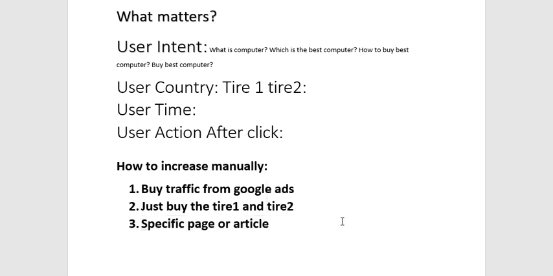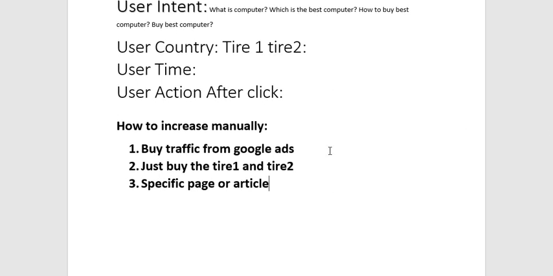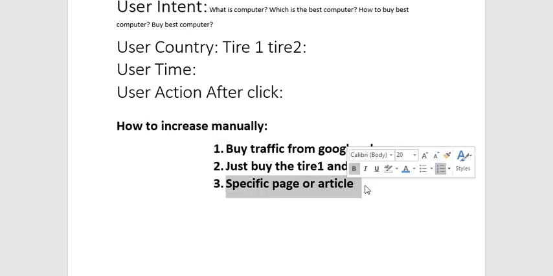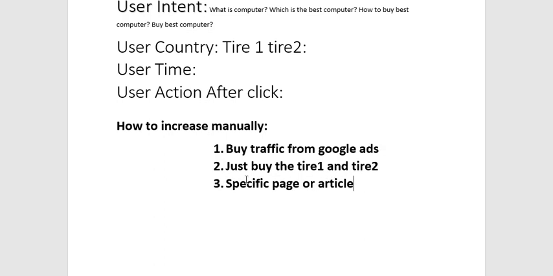So you have to write an article on any of those keywords, finance or anything like that, or the health one, and then promote that specific article or page which has Google Ads.